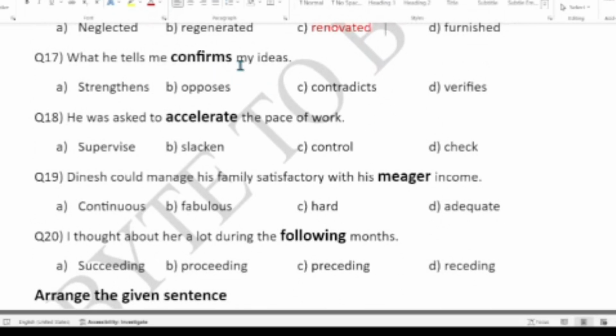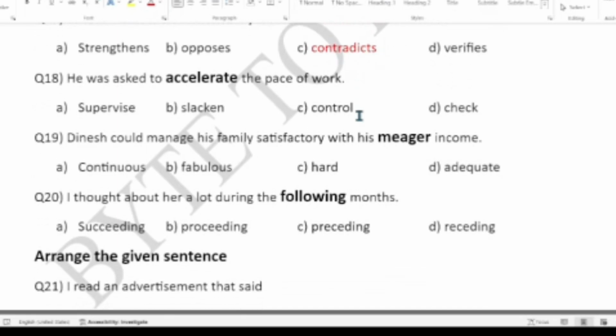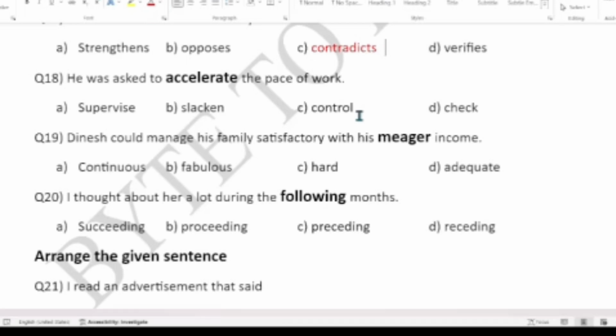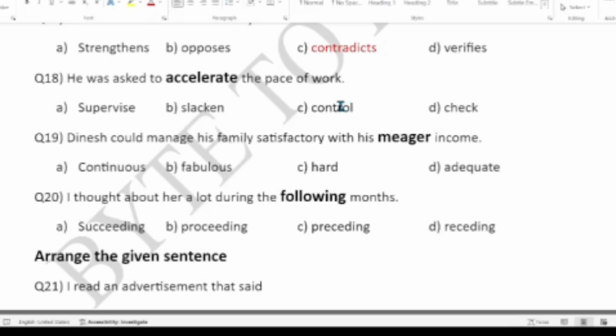What he tells me confirms my ideas. Confirms basically means acceptance. So the opposite of confirms is contradicts, meaning to argue. He was asked to accelerate the pace of work. Accelerate means to fast forward the work, so the correct antonym of this word is control the work.